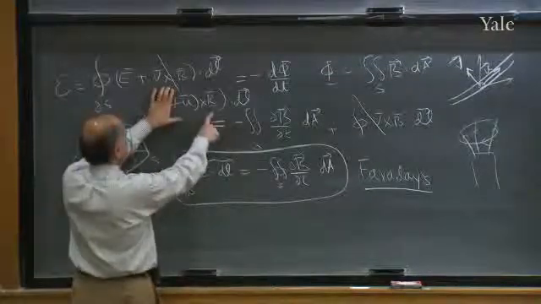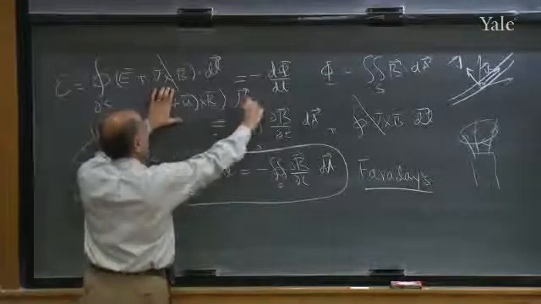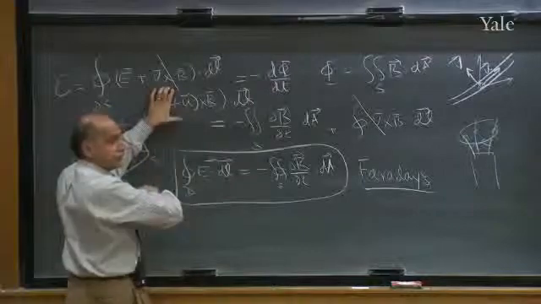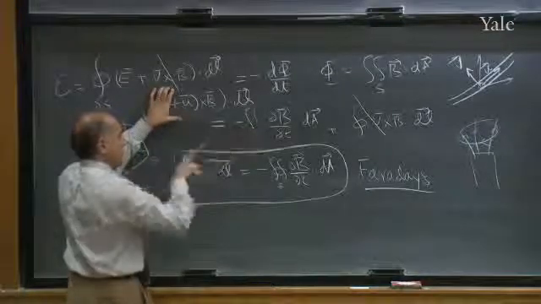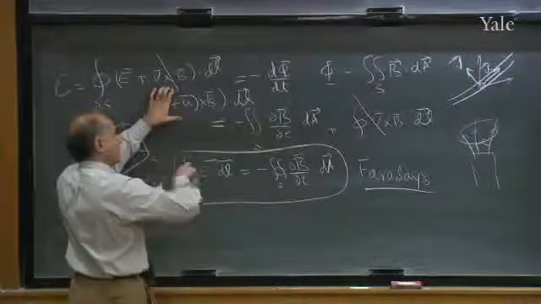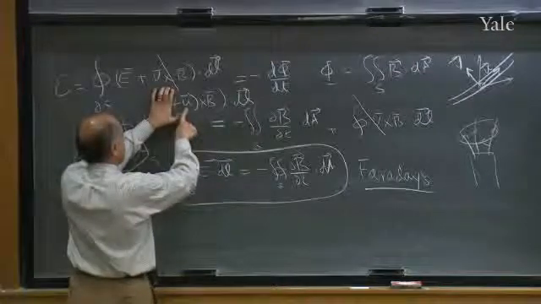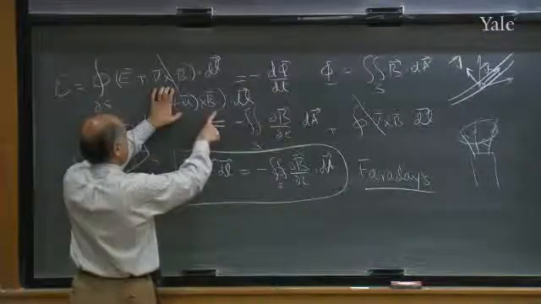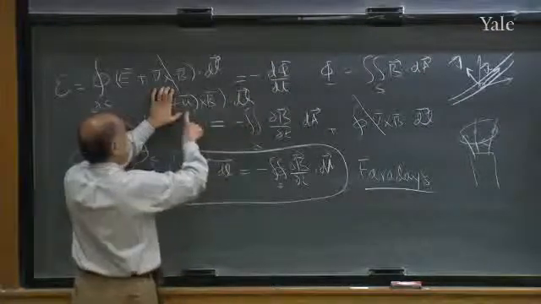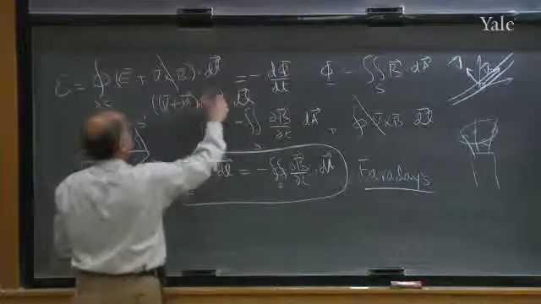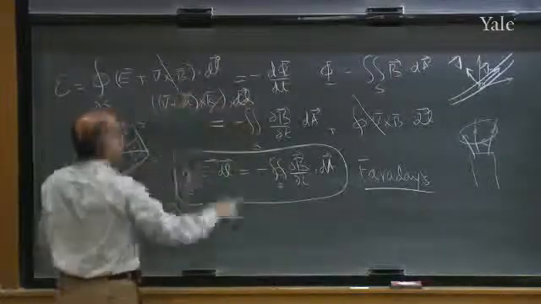Because u cross B is perpendicular to u, and dl is parallel to u. u is the direction of motion in the wire, and dl is along the wire. So if you take a vector, cross it with something else, and take the dot product with another vector parallel to itself, you will get 0. That's why you don't worry about that extra term in computing the EMF.